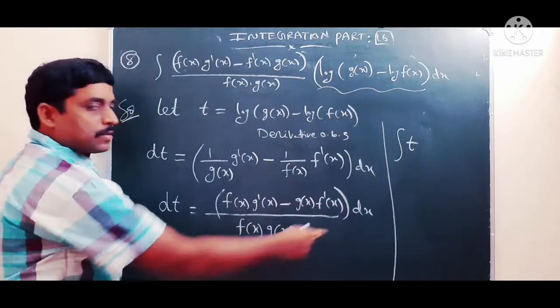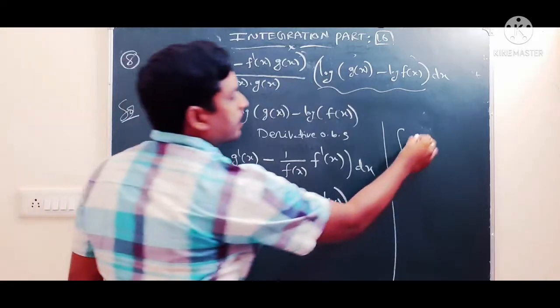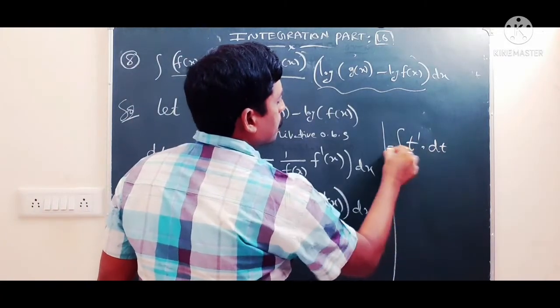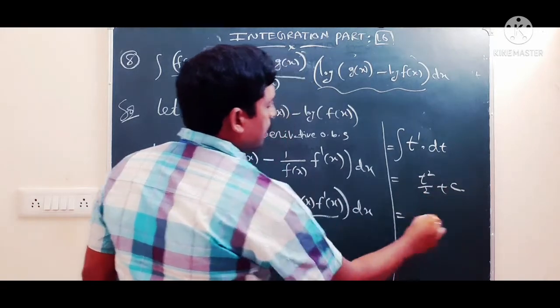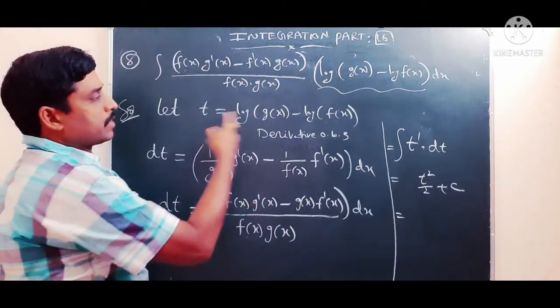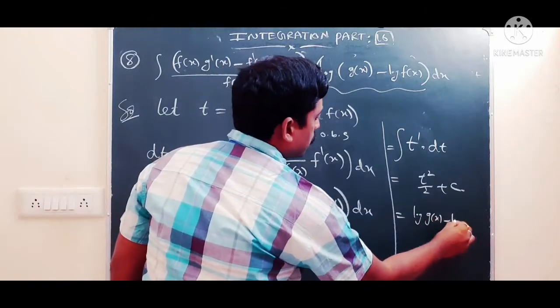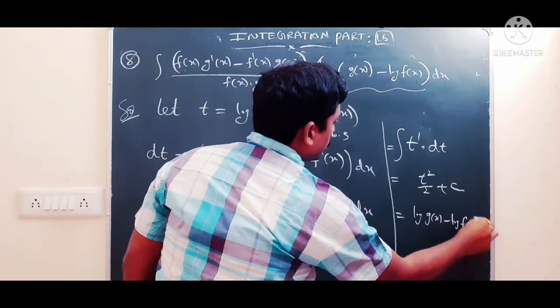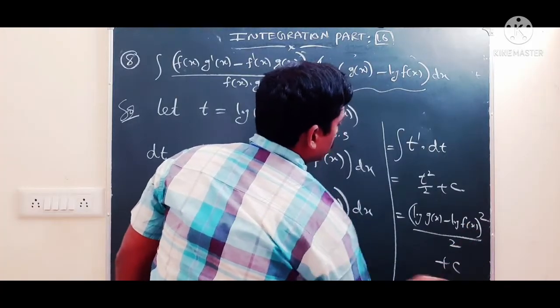So this is t dt, and the integration gives t square by 2 plus c, where t is replaced by the value: log of g of x minus log of f of x whole square by 2 plus c. This is the answer.